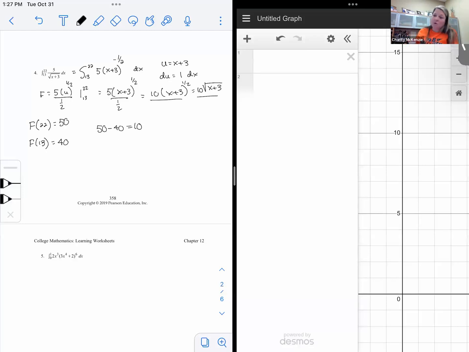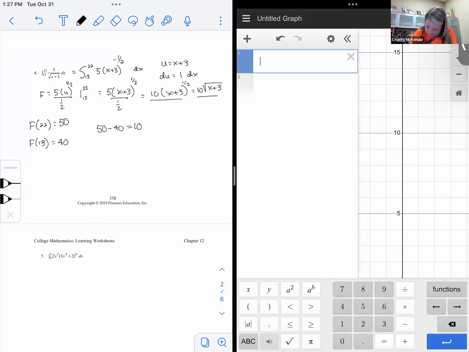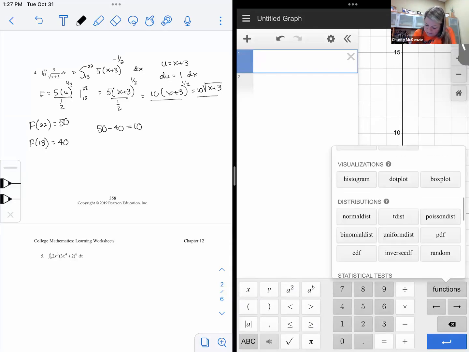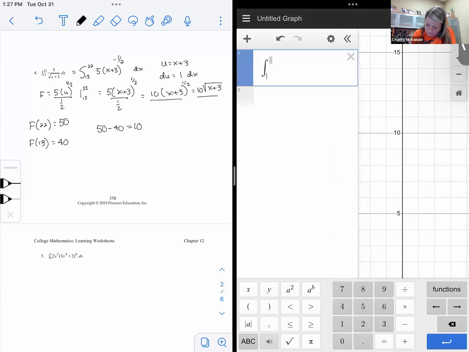In Desmos or in your graphing calculators, you can do these integrals because they're definite integrals and they have a solution of 10. You can actually do them in either one. So let's see here. If I click in here, I can go to functions over here in Desmos, and I have to scroll till I find the integral function.